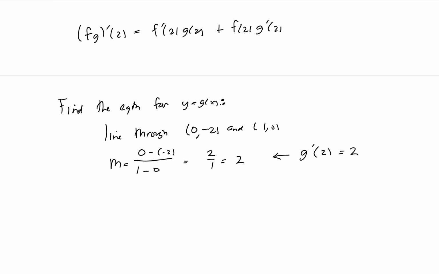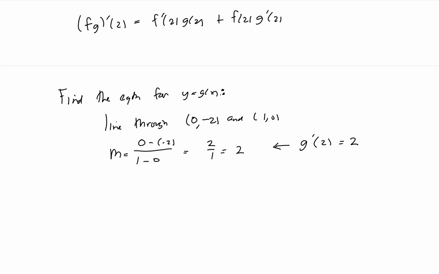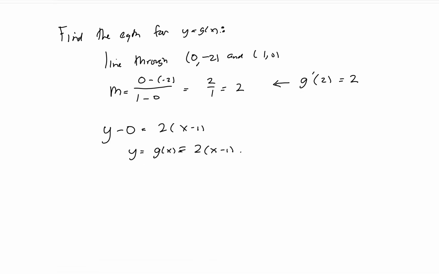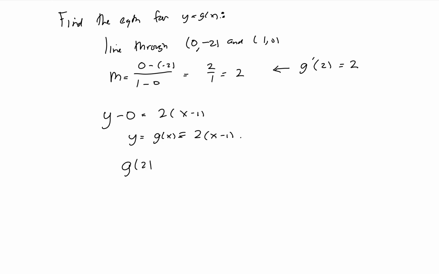So in particular, g prime of 2 is 2. And then for g of x, we can use point slope formula. So we can do y minus 0 is equal to 2 times x minus 1, or y equals g of x is 2 times x minus 1. So if I plug in 2 to this, I should get 2 times 2 minus 1, which is 2.